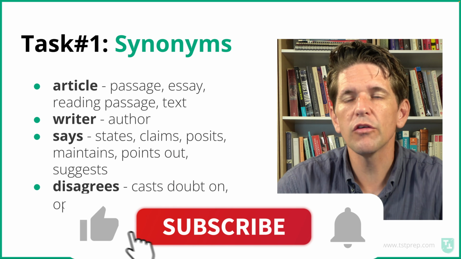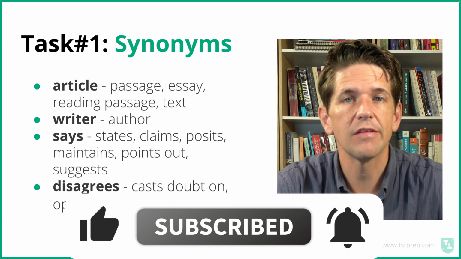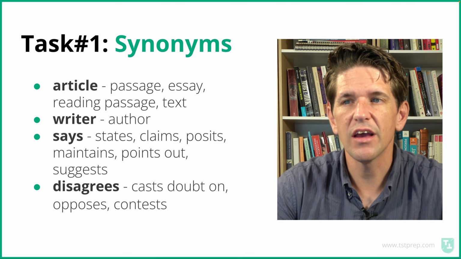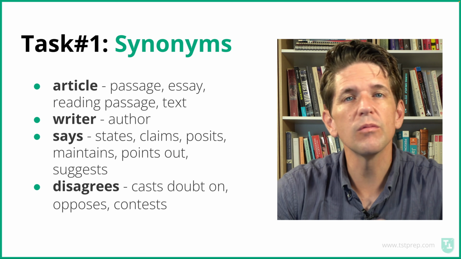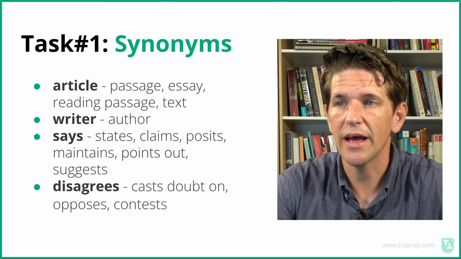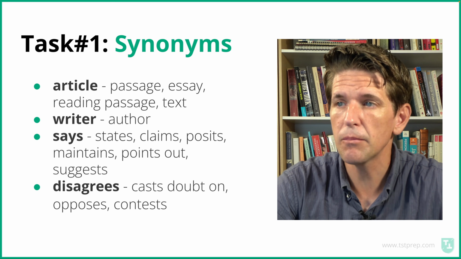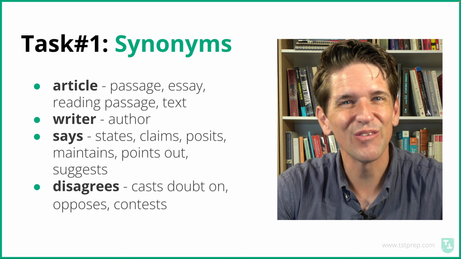I wanted to give you also some useful synonyms. These are different ways to say the same word. You're going to have to say article, writer, says, and disagrees a lot. So here are some different ways to say them. Instead of article, you could say passage or essay, or listening passage or reading passage, and text. Writer is author. I don't know another word for writer.